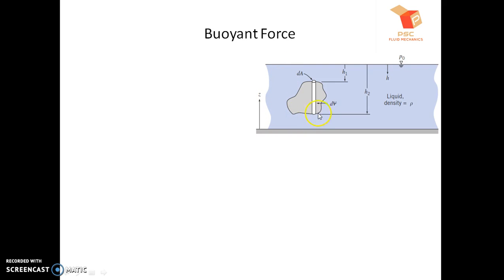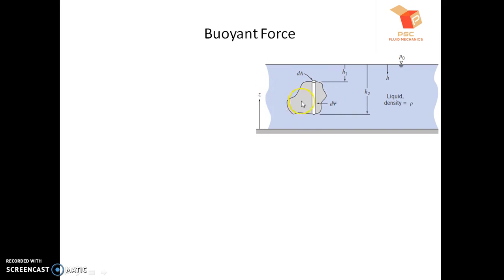If we consider this bottom face, the pressure acting here will be greater as compared to the pressure acting at the top face, because the depth of the bottom face is higher. So the pressure forces acting onto the bottom face are greater than the pressure force acting onto the top face.